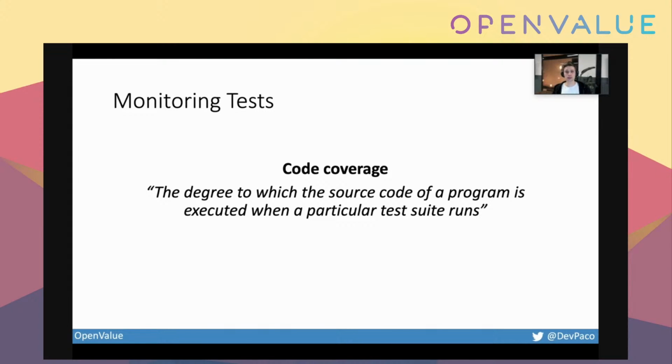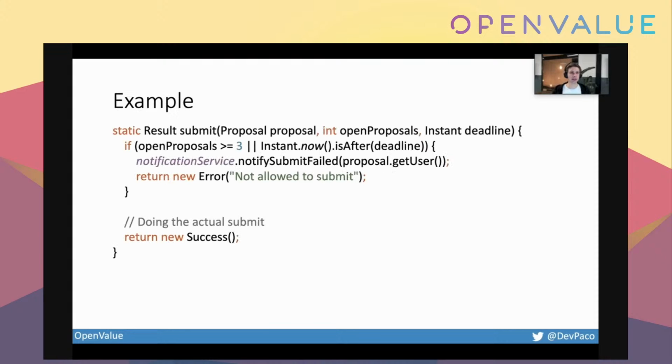And that's true. But I first want to have a closer look at code coverage, because there are different ways to measure it, and each different metric actually already helps you write better tests. Code coverage is quite nice. And I want to illustrate this with a simple submit method. It takes a proposal, a number of open proposals, and a deadline.